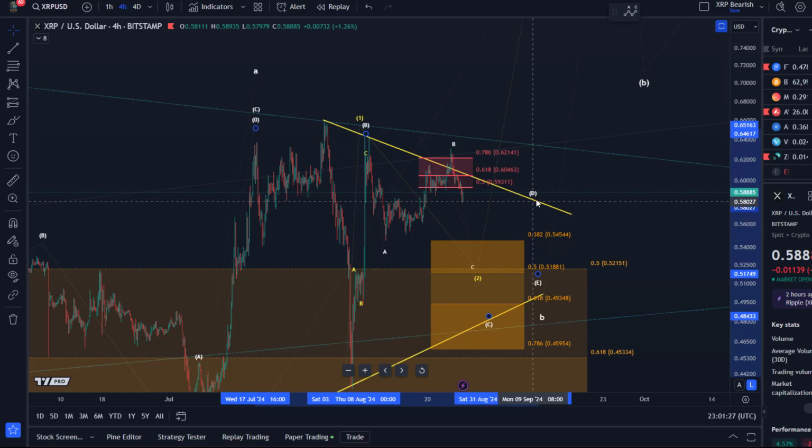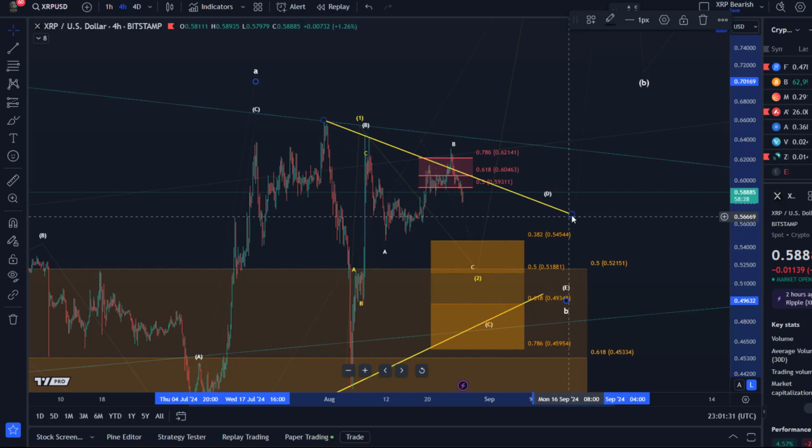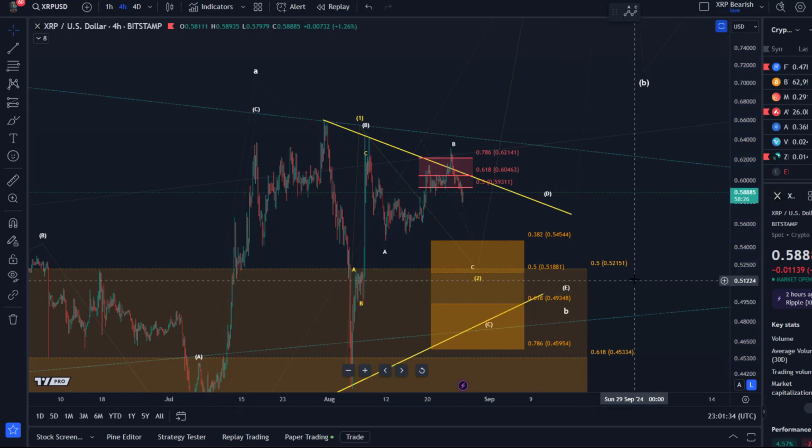And again, it could also be a triangle, that it might not respect the fib levels so well. If it's a wave 2, 54.5 cents, 51.8 and 49.3 cents. It looks as if it might test at least the A wave low again, which was located here around 54 cents.